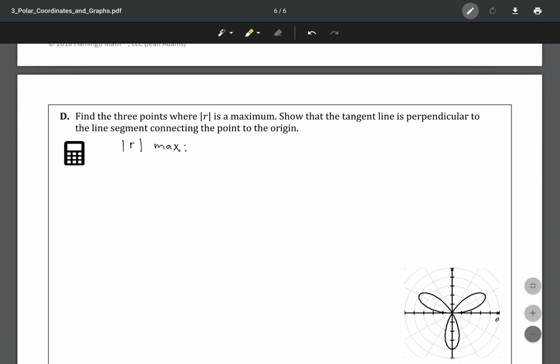You know the maximum, right? The most maximum this could be would be 4, kind of similar to how I graphed it earlier.